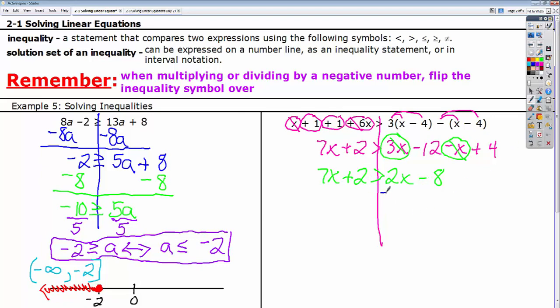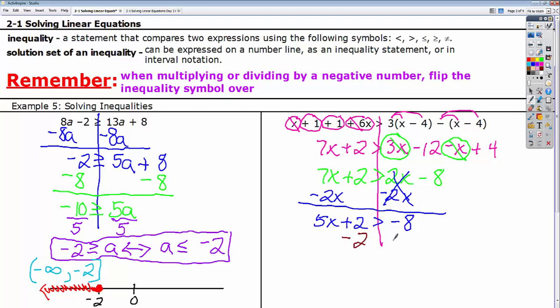Next, I'm going to subtract 2x from both sides. And we get 5x plus 2 greater than, and over here, those cancel, and we get negative 8.